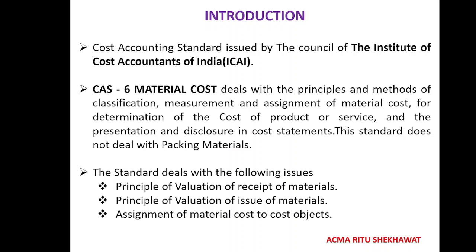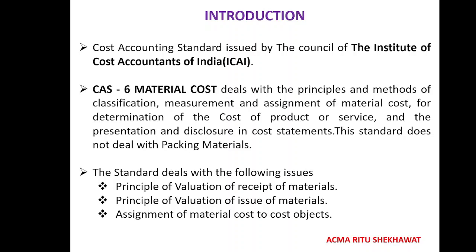That spare part will be my material cost, but it should be specific to a particular production or equipment. Then that spare part we can capitalize in our machine cost. Overall, whatever spare parts we purchase along with the machine and that are used for a specific production, we can capitalize in our machine cost.